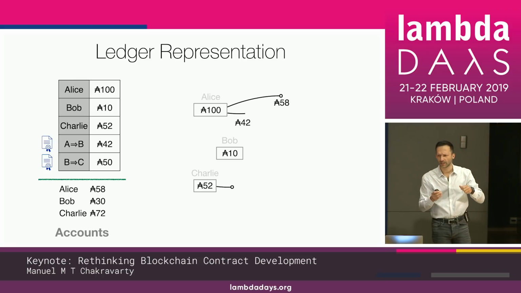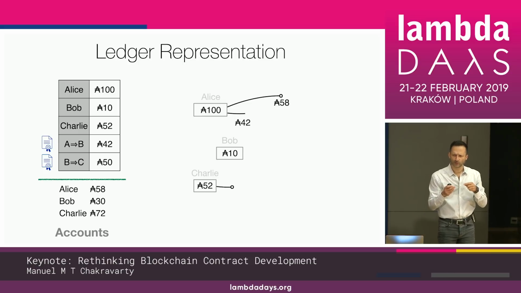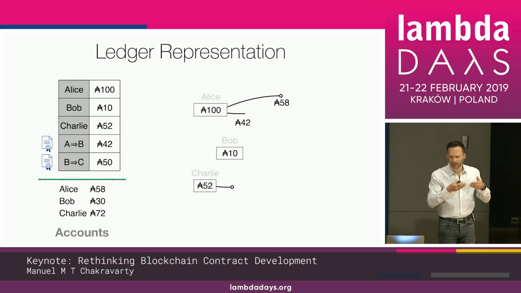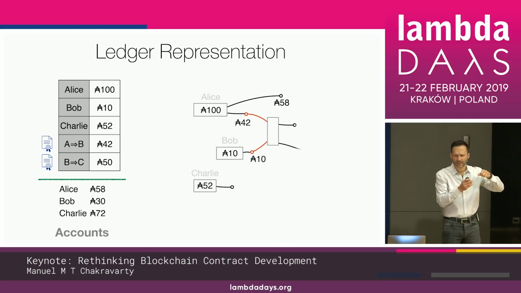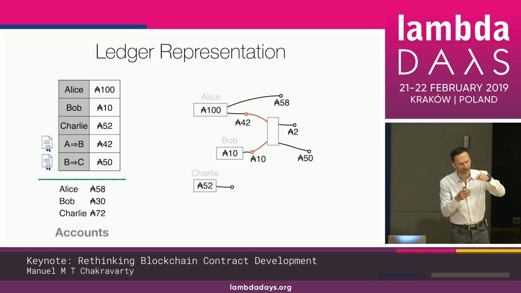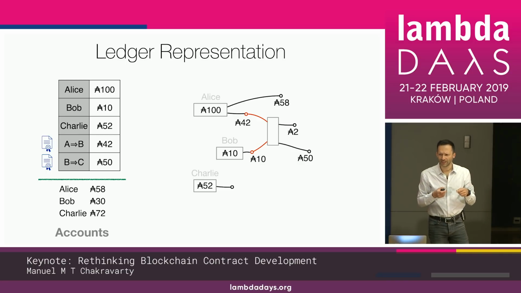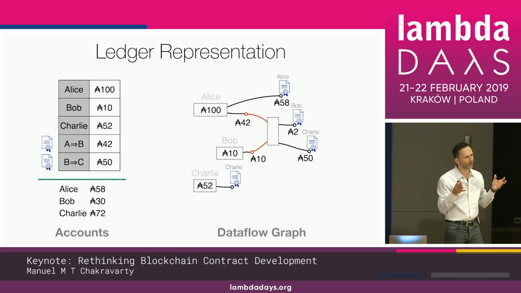So we have to split it up somehow. And then Bob, in order to do his next transaction of 50 ADA, the original 10 ADA isn't sufficient. He needs to take what he got from Alice and combine the two, and then pay with that, but also getting some change. So what's happening here is we are building a data flow graph of these transactions.